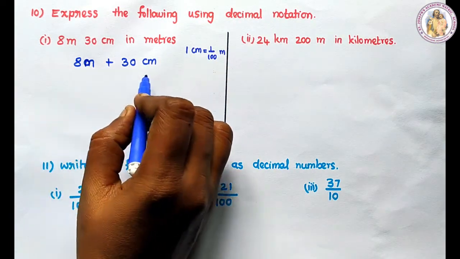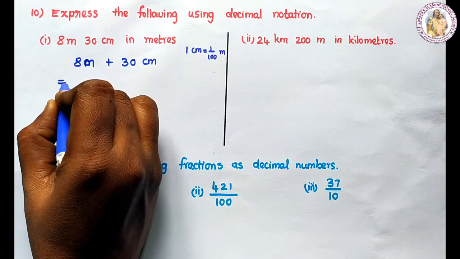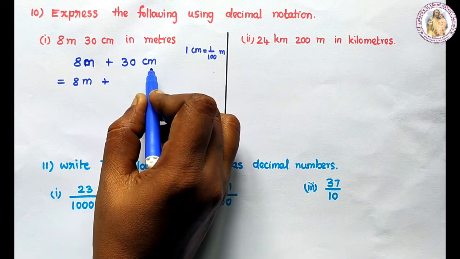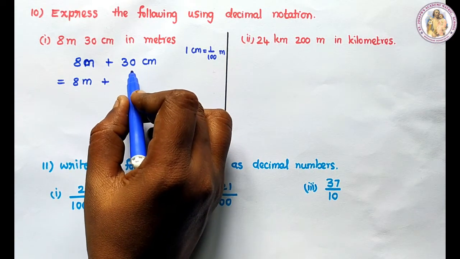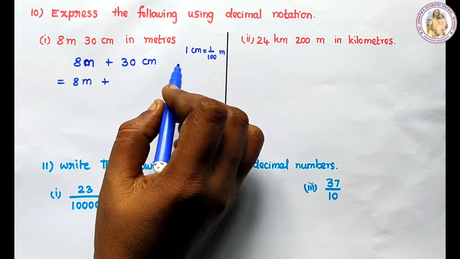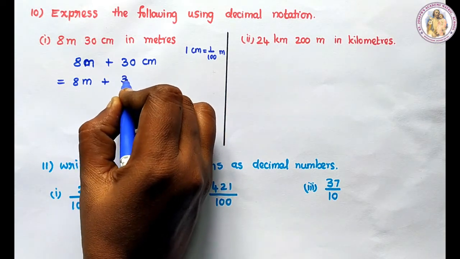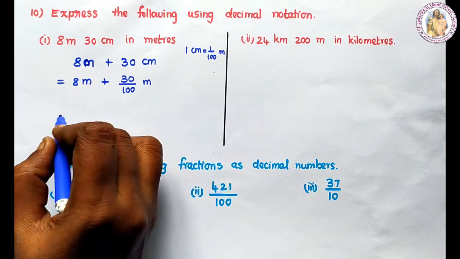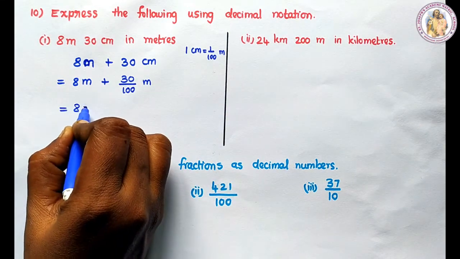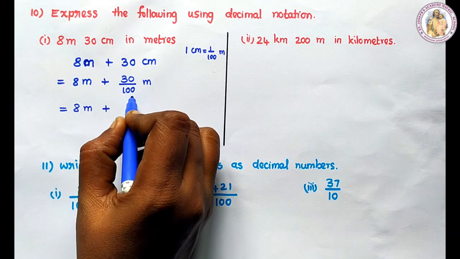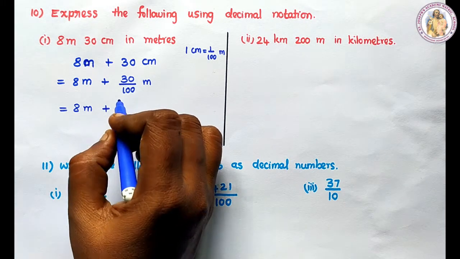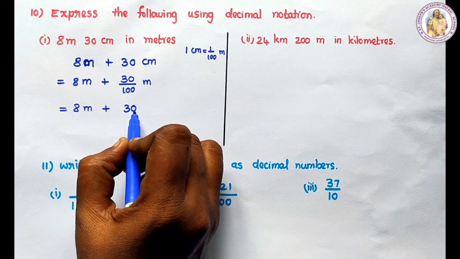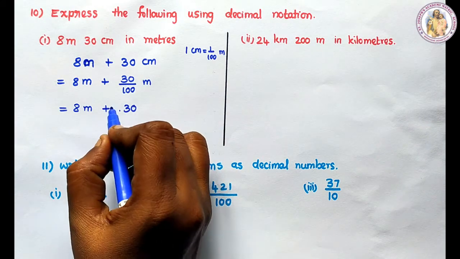So, now 8 meter plus change into meter, that's 30 centimeter into meter. So, how much? 30 divided by 100 meter. Now, 8 meter plus 30 divided by 100, that is, write down 30, denominator 2 zeros, before 2 digit we have to keep the point.